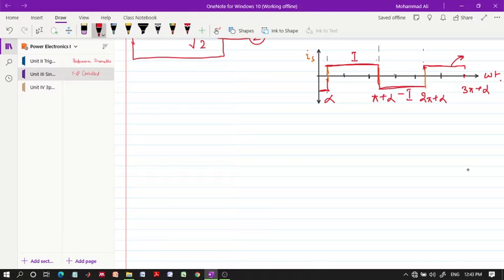So how can we write this current, which is a square wave current, in a Fourier expansion? It is simple.